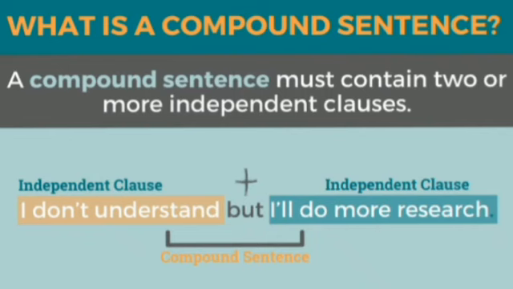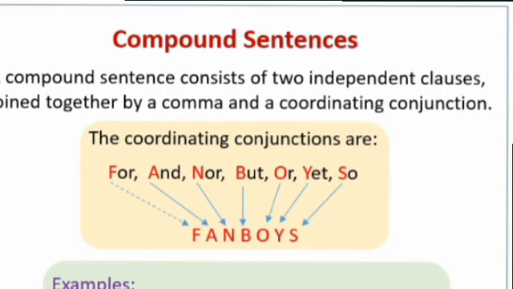Now, before we go to take examples, we can say that these clauses are usually joined by coordinating conjunctions, such as and, but, and or. Other words that link clauses in compound sentences are neither, nor, and either. In compound sentences, clauses are linked so that each clause still retains its own identity and independence.